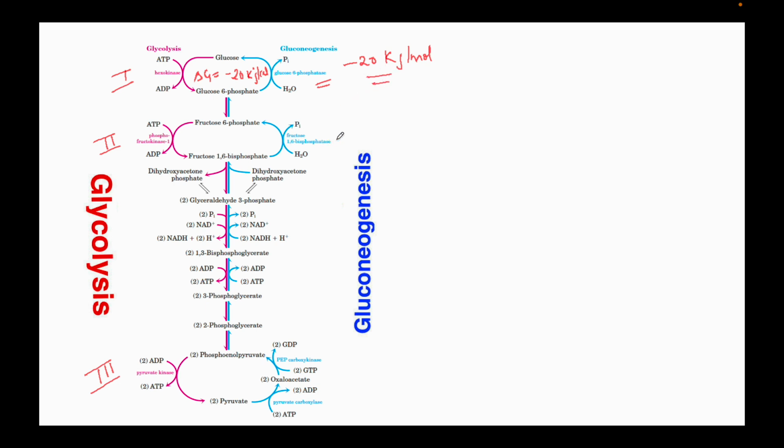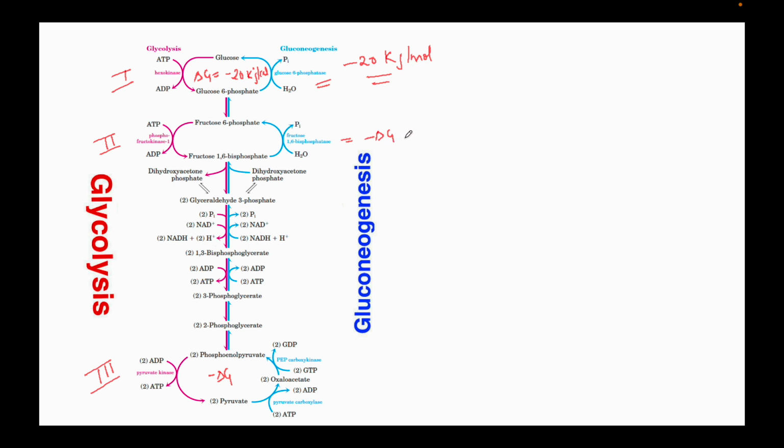Similarly, these other reactions also have a negative delta G value. Because of the negative delta G value, the reverse reaction to form a gluconeogenesis pathway is not possible.